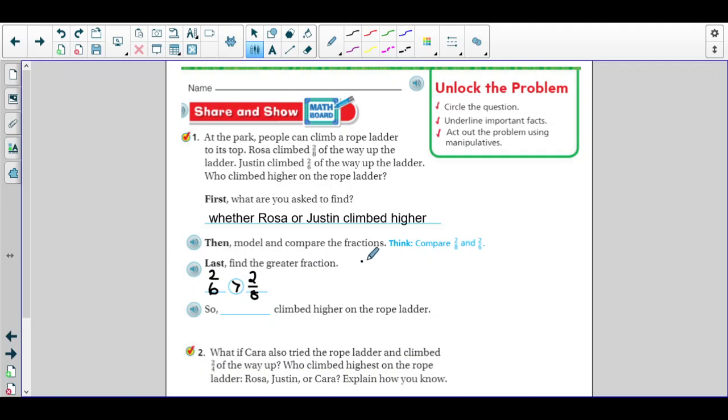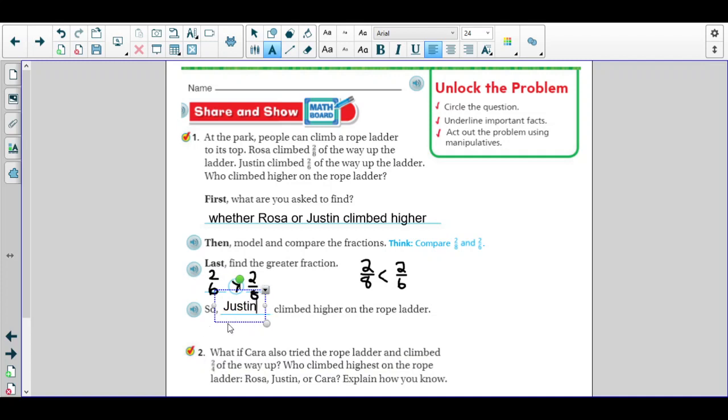Or, just as equally the same, we could say that 2/8 is less than 2/6. So, who climbed higher? Justin climbed higher. Way to go, Justin.